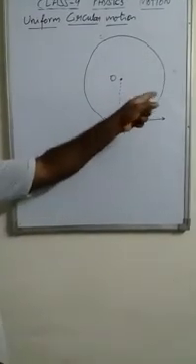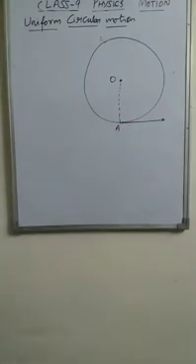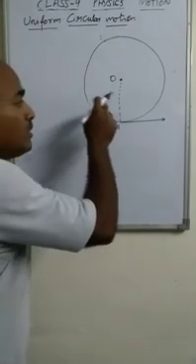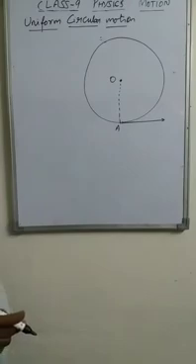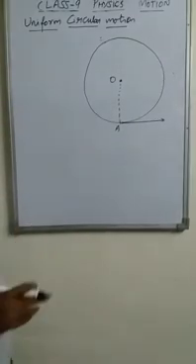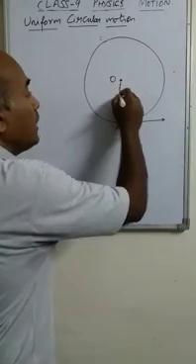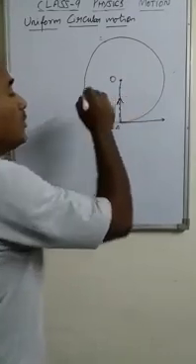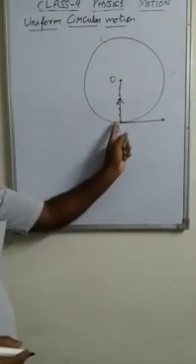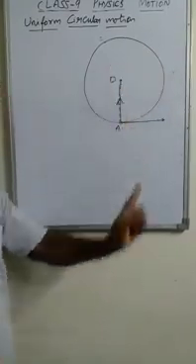For this change of direction, the force is acting on this object. And that force acting on this object, which changes the direction of motion at every instant, must act along the radius of the circle. So the force is acting along this direction, due to which its direction continuously changes.